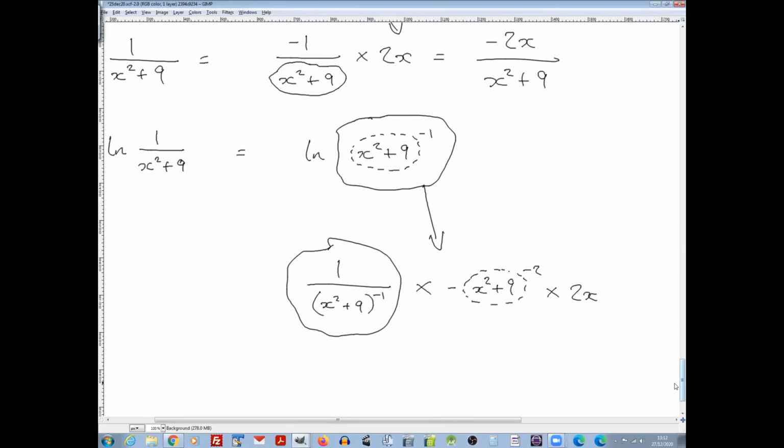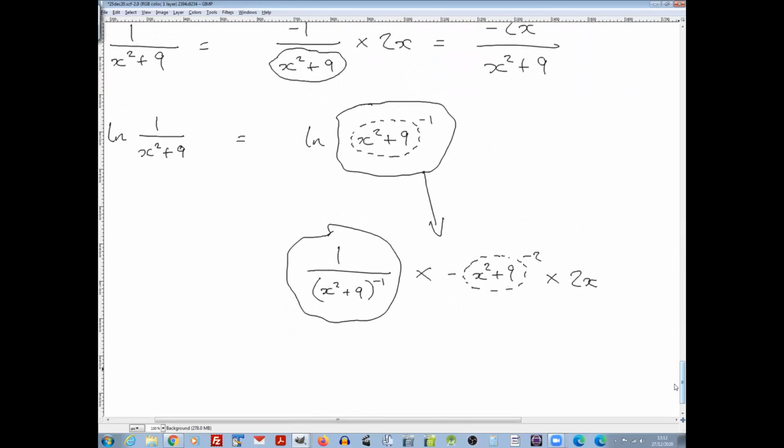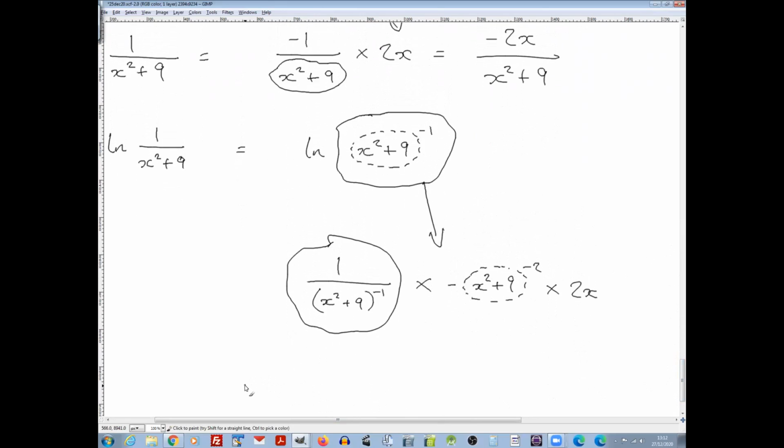We could put minus x squared plus 9 to the minus 2 over x squared plus 9 to the minus 1. We could. But I rewrote this as 1 over 1 over, in place of that.